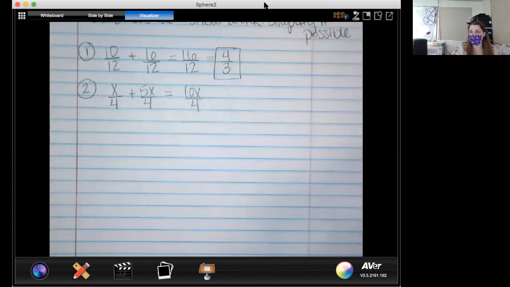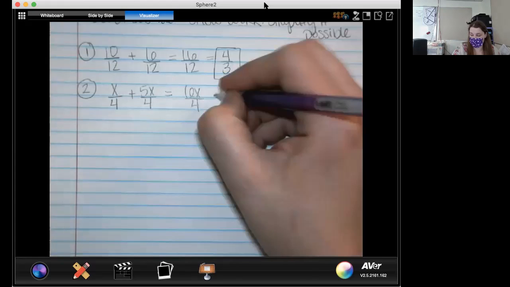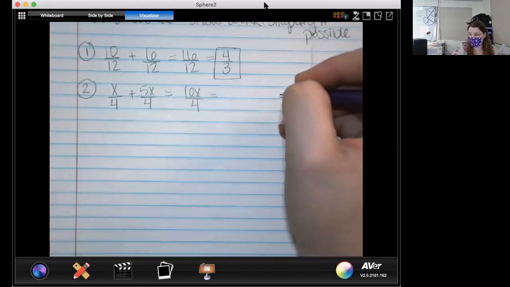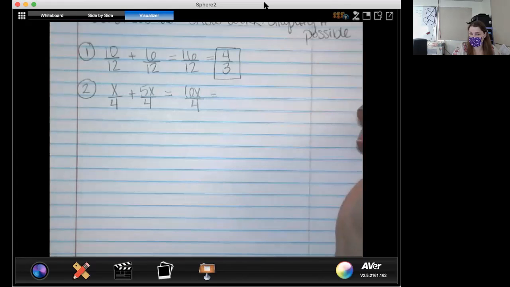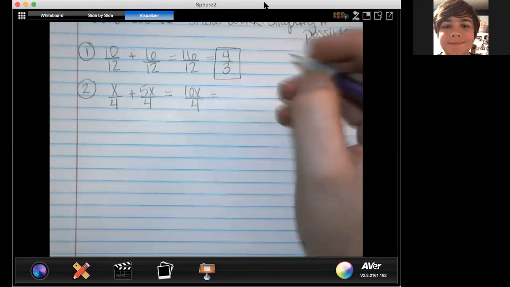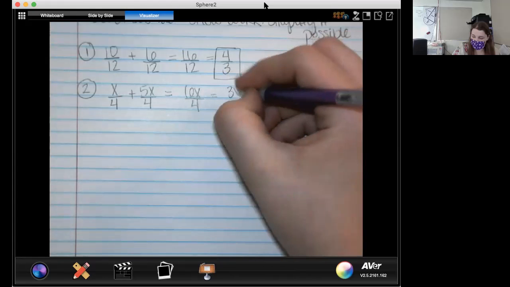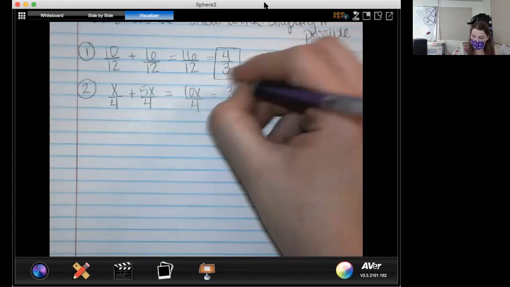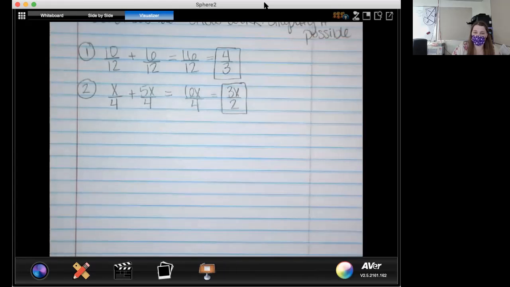And how would that simplify? Three x divided by 2. Yeah, 3x divided by 2. They're both divisible by 2. So we get 3x divided by 2.